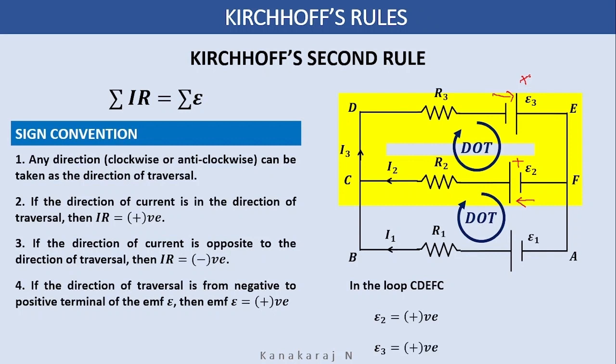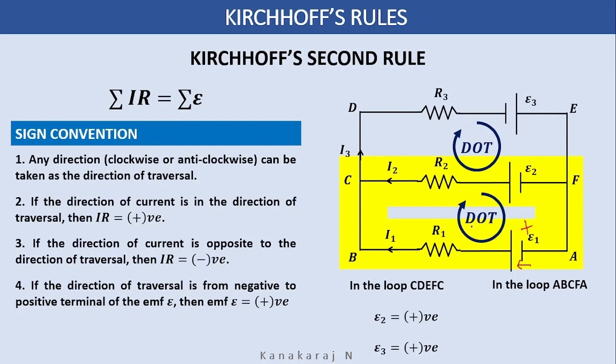Let us work out the next loop. In the loop ABCFA, the direction of traversal for the EMF epsilon 1 is from negative terminal to the positive terminal. So, epsilon 1 is positive.